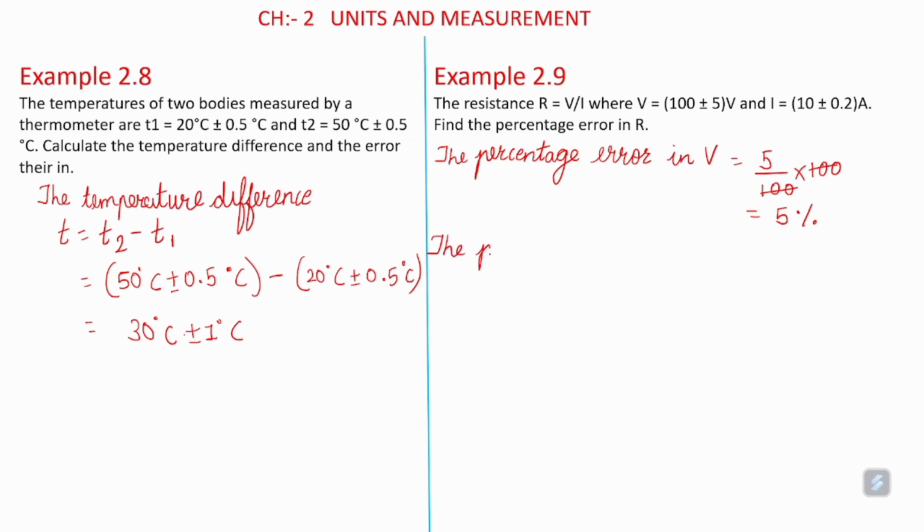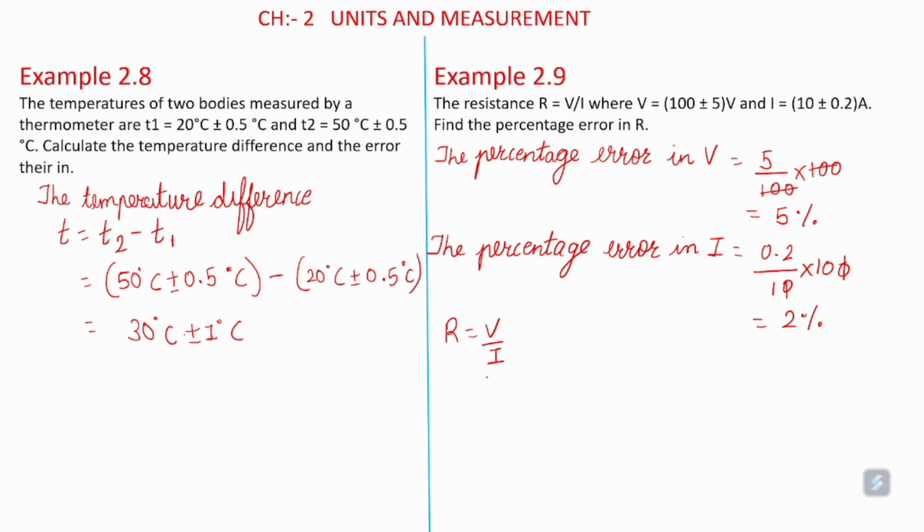Now the percentage error in I. So here our error is 0.2 upon the absolute value, 10, into 100. So 0 will get cancelled and 0.2 into 10 would be 2%. And we know that R is equal to V upon I. So in V we have 5% error and in I we have 2% error.